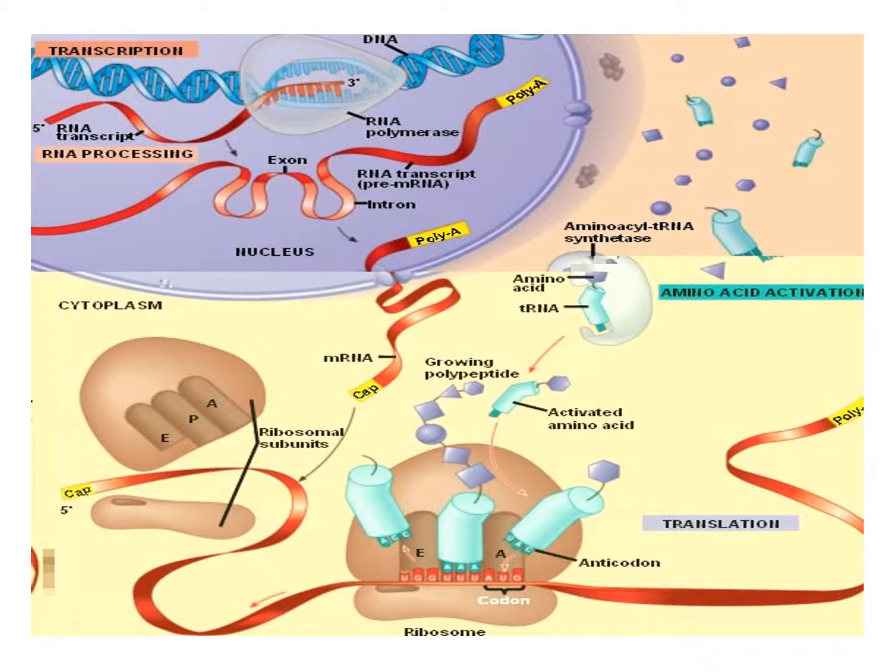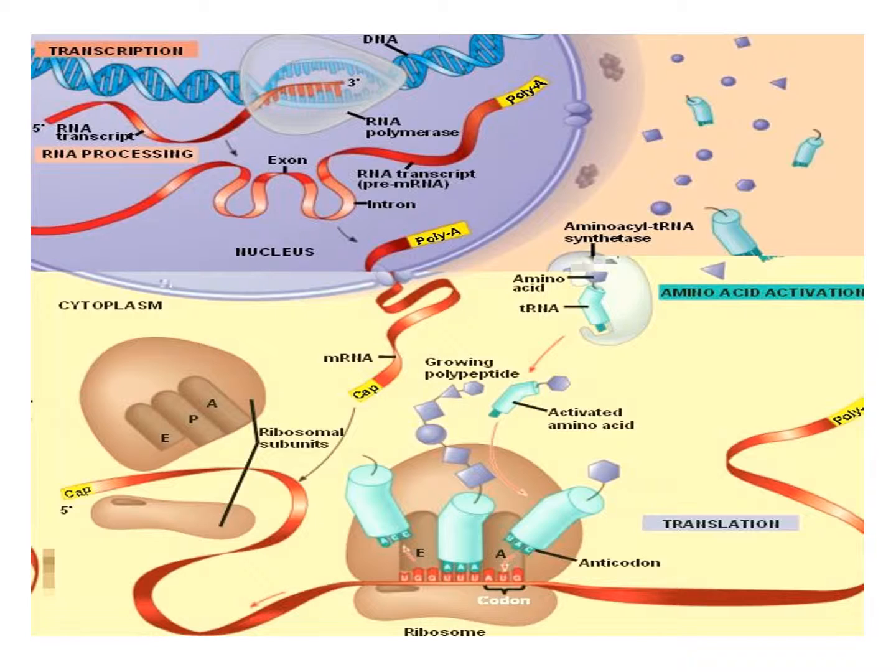After this processing, you have the functional mRNA product, which is now exported into the cytoplasm to the ribosomes. This is the site of protein synthesis. The ribosome has two subunits, a smaller subunit and a larger subunit, and it has three sites: the E site, the P site, and the A site.